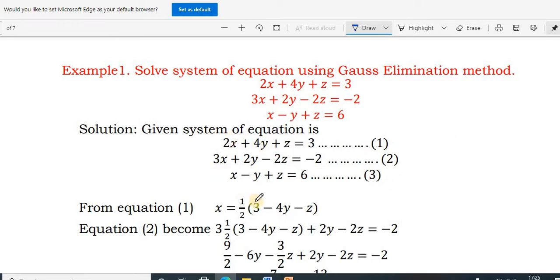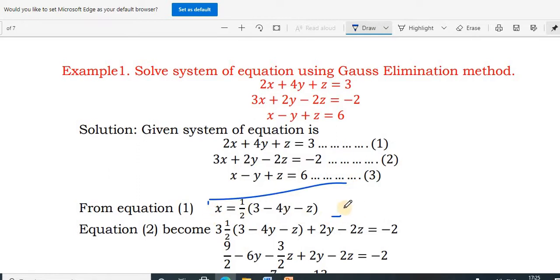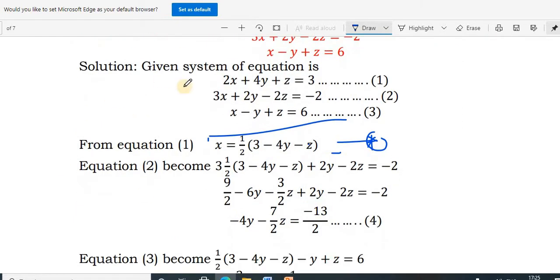From equation 1, write x in terms of the remaining variables. So x is equal to 1 by 2 into 3 minus 4y minus z, which I call equation star. Now I substitute this value of x in the remaining two equations.